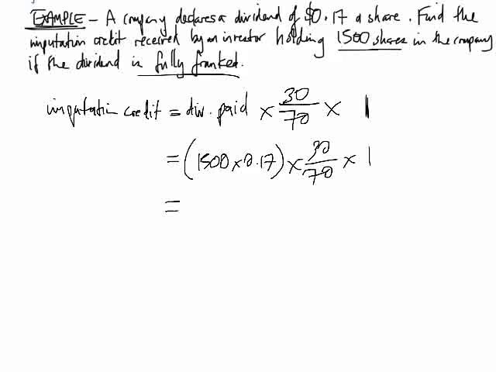So 1,500 times by 0.17 is 255, times by 30 over 70 times by 1. Now be very careful when you're inputting on your calculator. If you did 255 times by 30 divided by 70 times by 1, remember the calculator doesn't do BEDMAS.